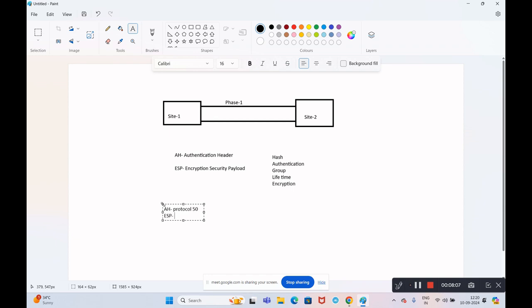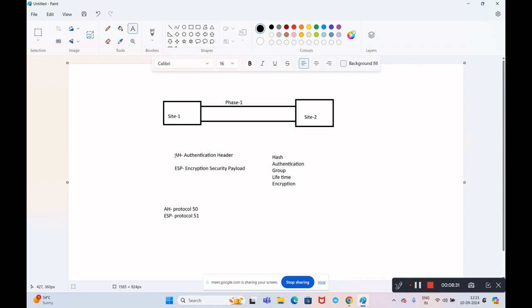These are the protocols used in IPsec. In phase 2, AH is the authentication header, and ESP is the encapsulating security payload.